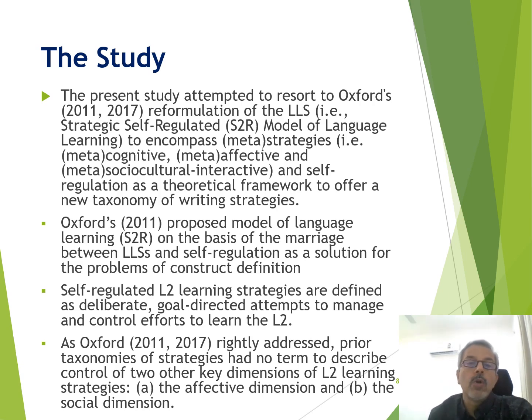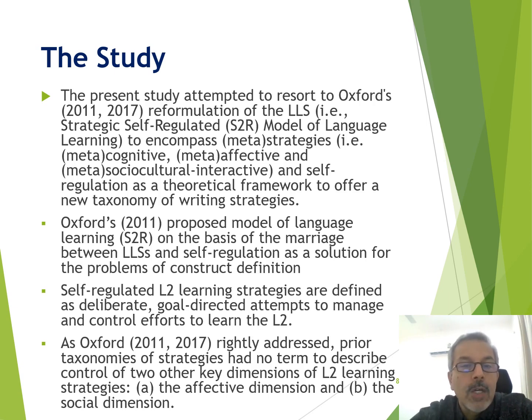Let me directly go to the objectives of my own study, actually. This is the first time that a person resorts to Oxford's reformulation of language learning strategies. You know that Oxford's model, developed in 1990, was widely used by different people just to assess the learner's language learning strategies.